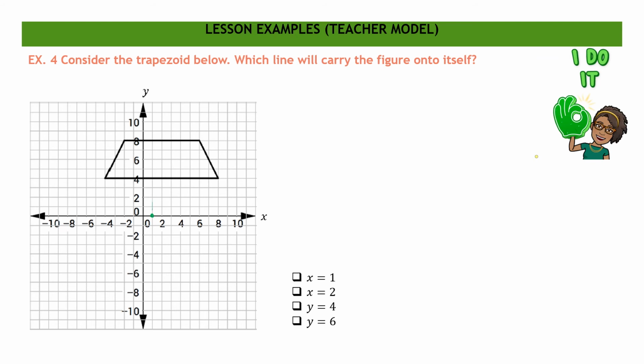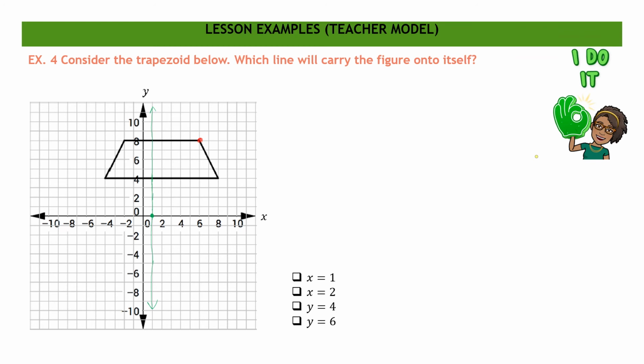And that means that we have this line that's going through the x-axis at 1. So let's look at this. Remember, if I'm reflecting along this line, that means all the points of my trapezoid from vertex to vertex have to be equally distant. So let's look at this vertex here.